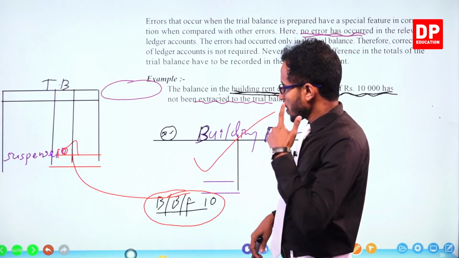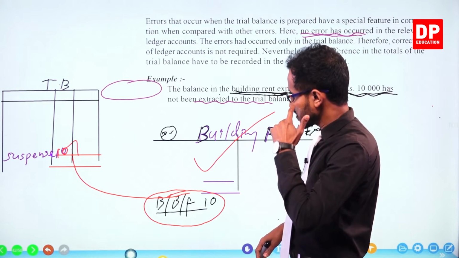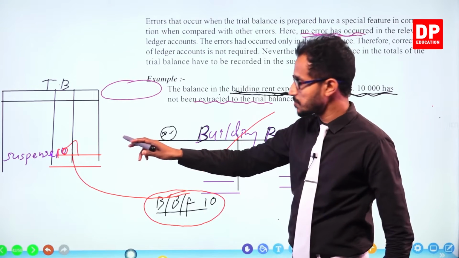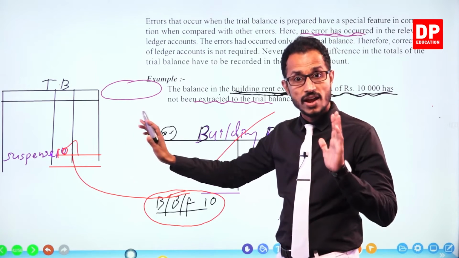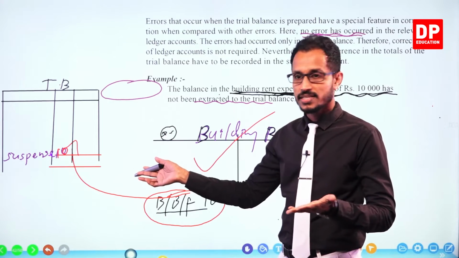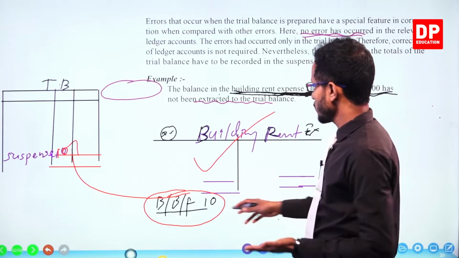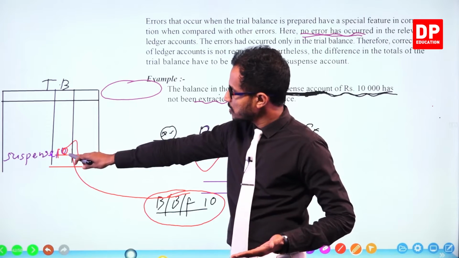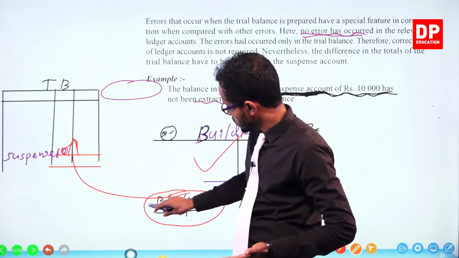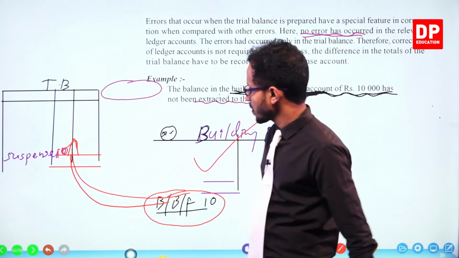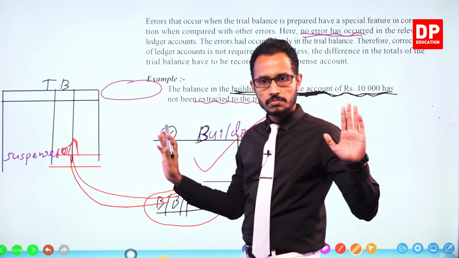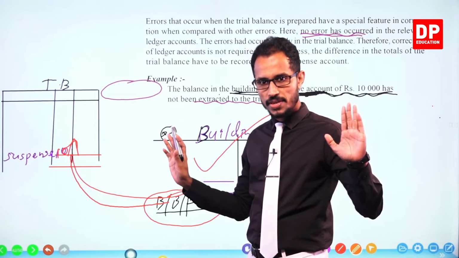Now, when you are correcting this error, when you enter this to the debit side of the trial balance, the trial balance will be okay.